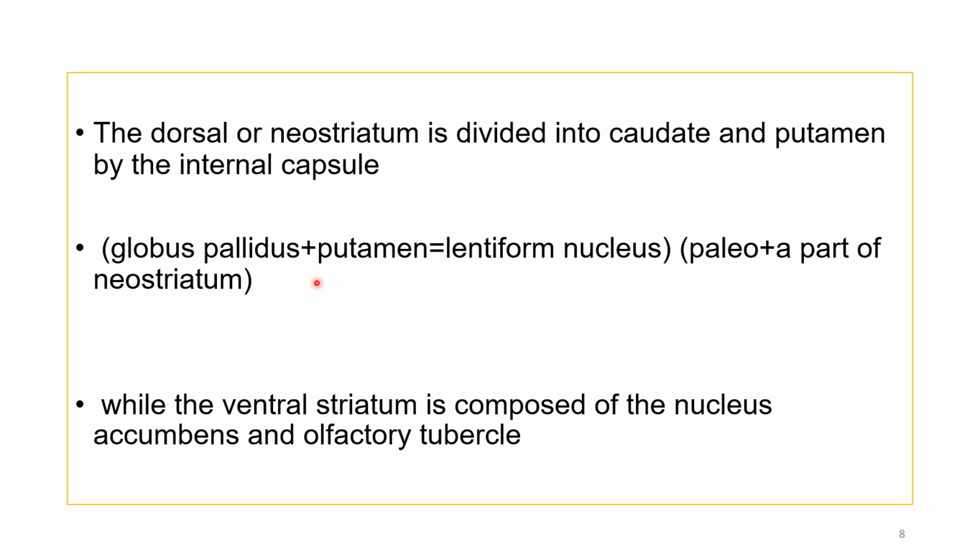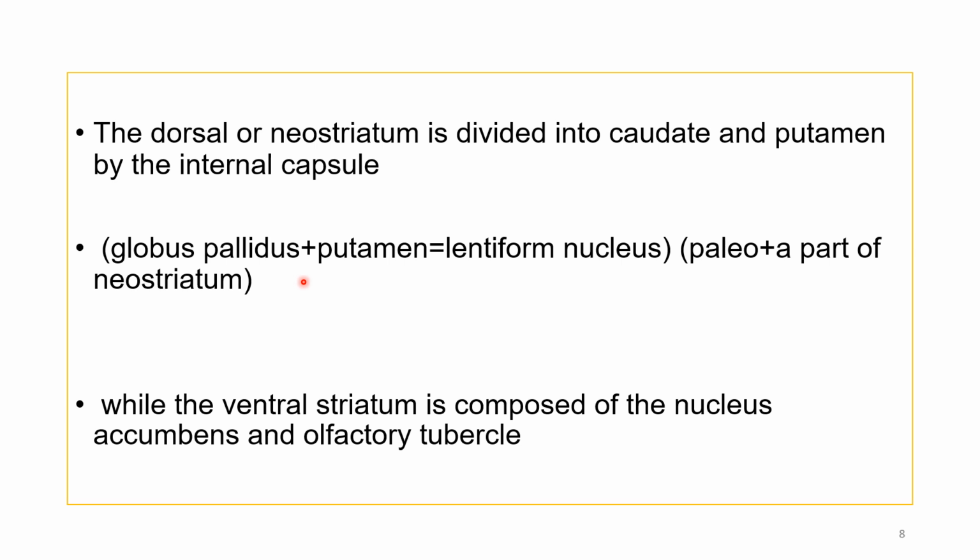The globus pallidus plus putamen together are called lentiform nucleus. Globus pallidus is a part of paleostriatum or pallidum.